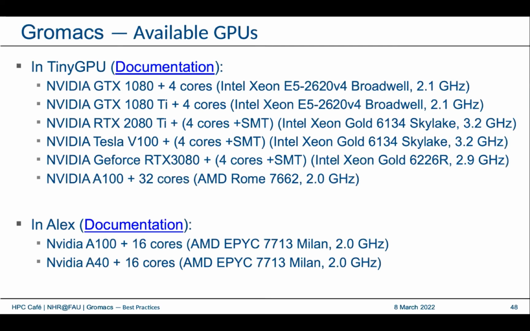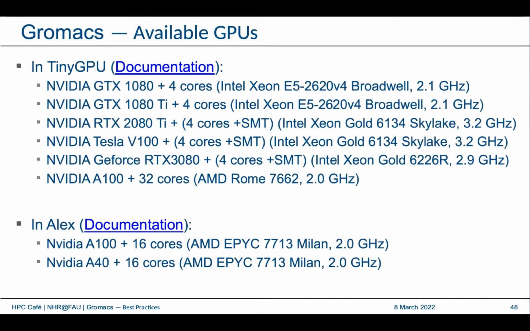The RTX 2080 has 4 cores plus hyperthreading available, so you can set the NT-OMP to 8 for the RTX 2080, the V100, and also the RTX 3080.